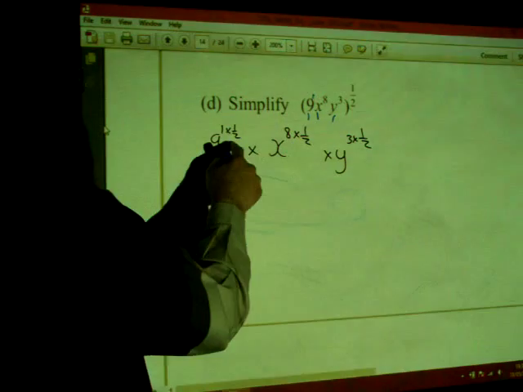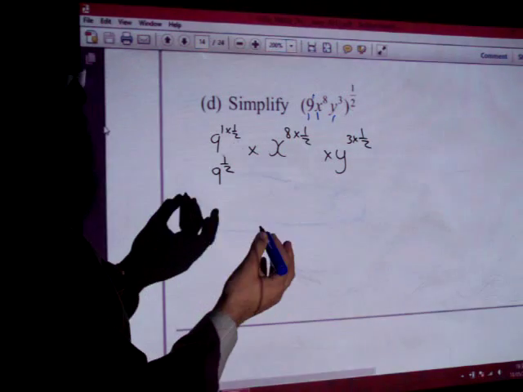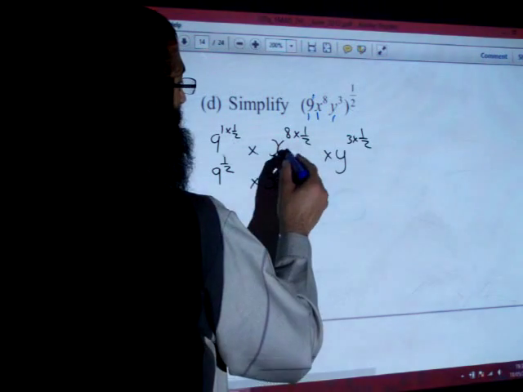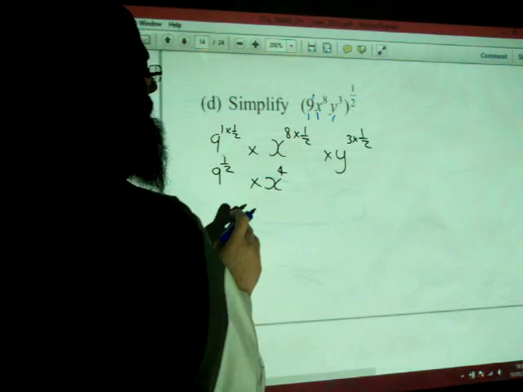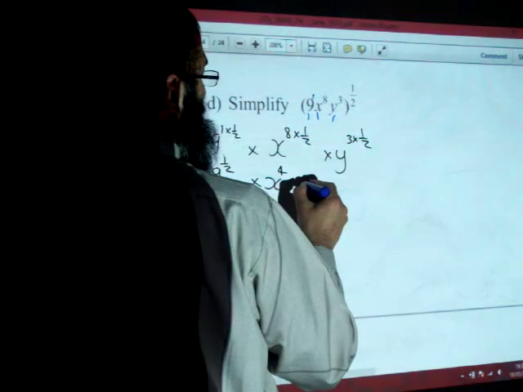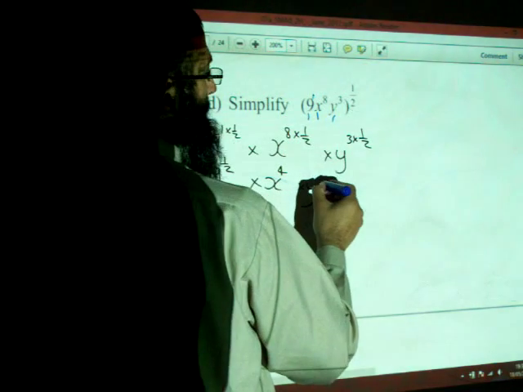So what's 1 times by a half? 1 times by a half is simply a half. 8 times by a half will give you 4. And then you have y, 3 times by a half will give you 1.5.